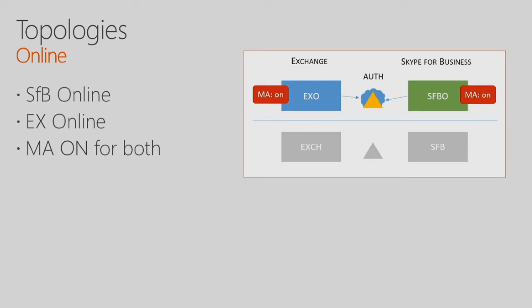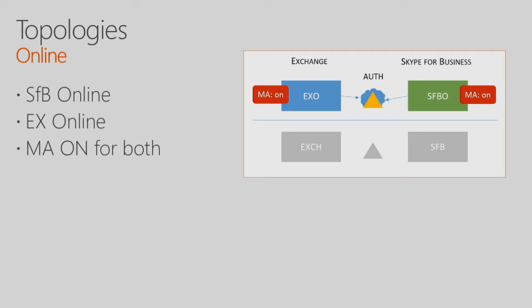Everything above the blue line, that's online. Everything below the blue line is on-prem. If it's grayed out, that means that it doesn't exist, okay? So this topology is Exchange online, SFB online, modern auth turned on for both, all right?